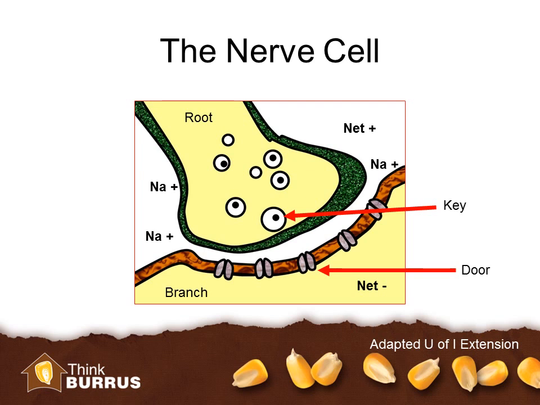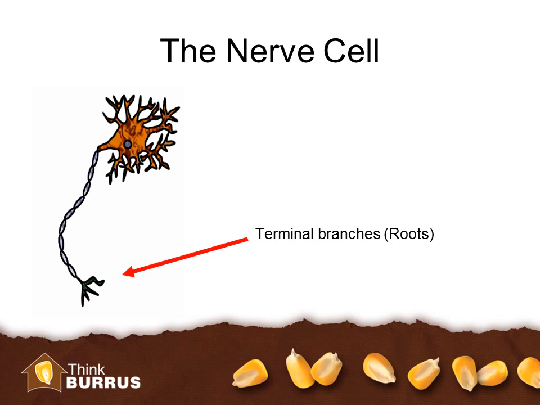When those doors open, positive charged material rushes in and changes the charge. That is when the cell is activated, so to speak. If you remember back to our last session on OP and carbamate insecticides, they mess up this part of the process.